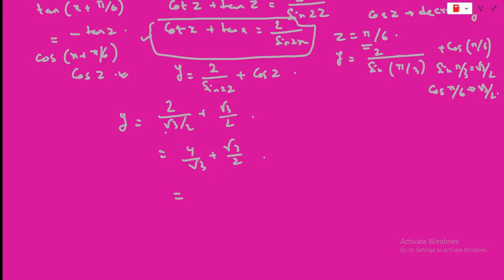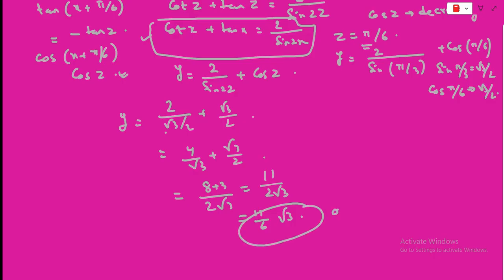So we get (8 + 3)/(2√3). Okay, so this is 11/(2√3) or 11√3/6. Okay, so this is the final answer for this question, that is our option number C.